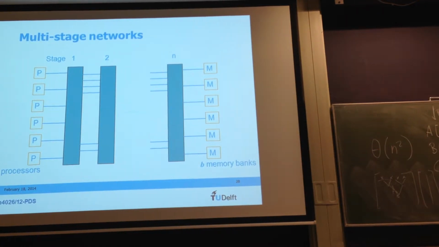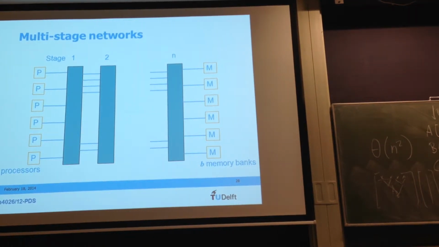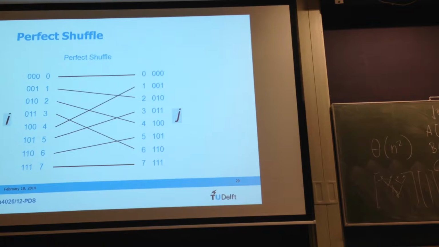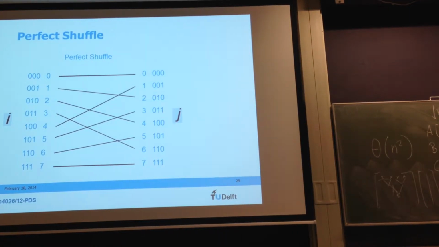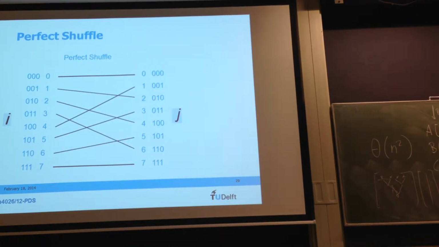And have a switching network in between, where in a few stages we can choose the path from one module to the other. Now, would this be an elegant structure? Well, yes. We can do that elegantly by building a stage which has this structure, called the perfect shuffle.